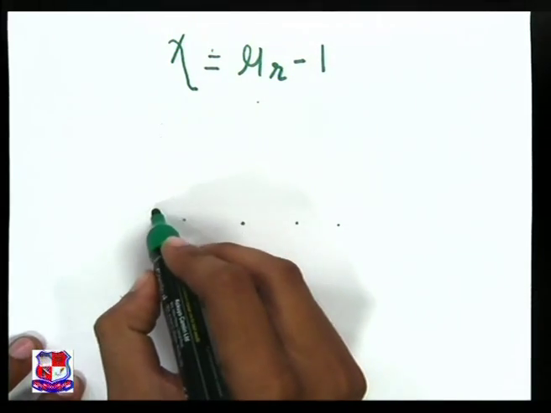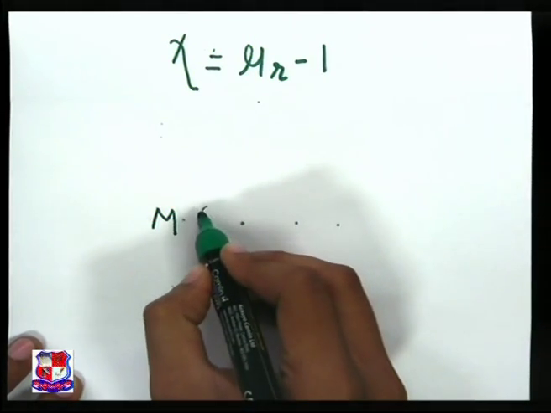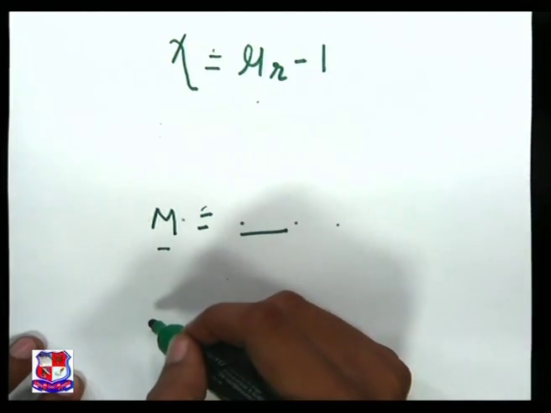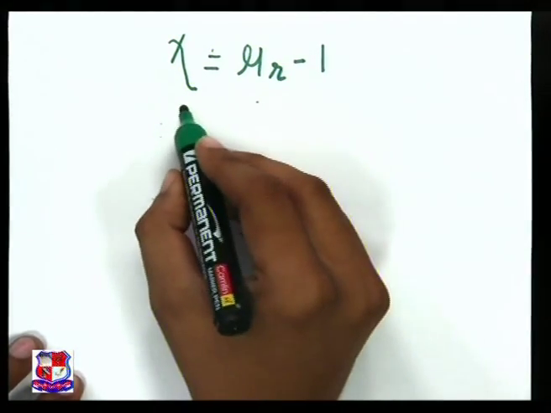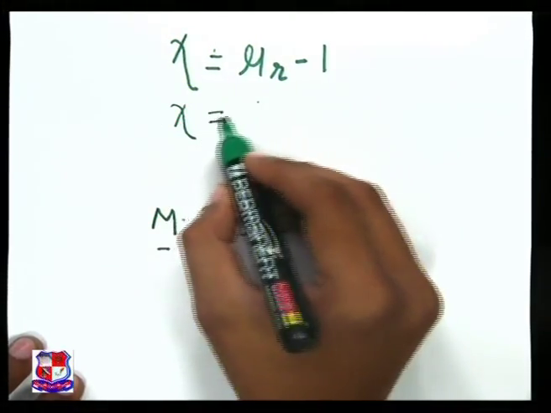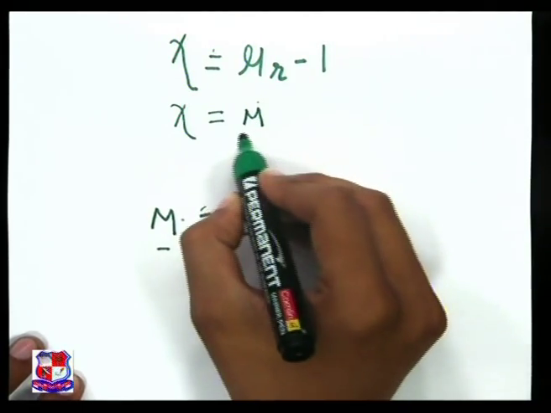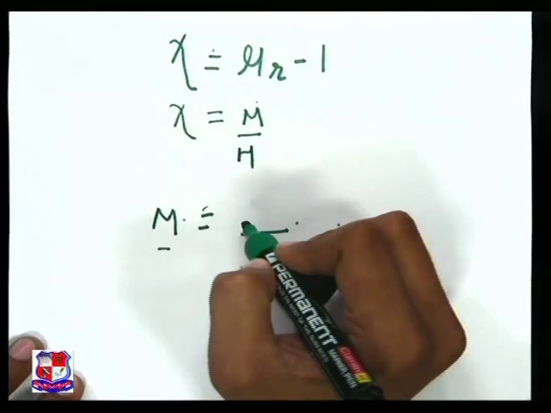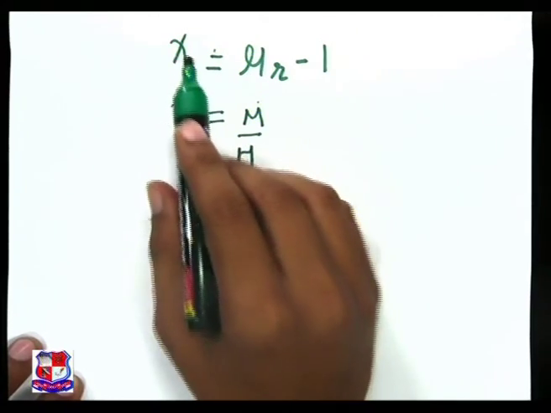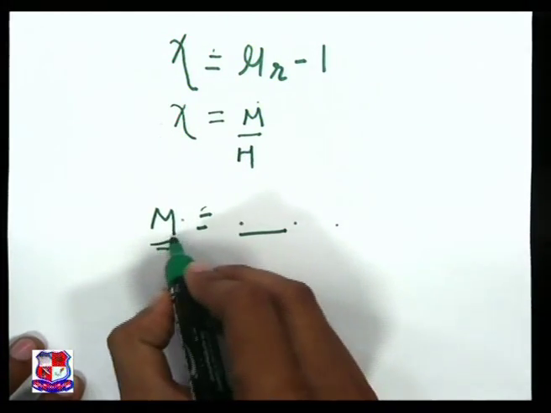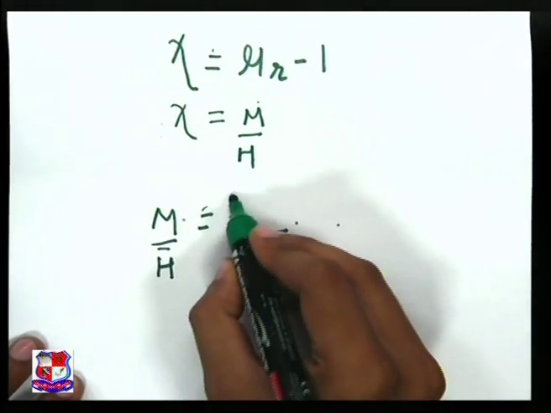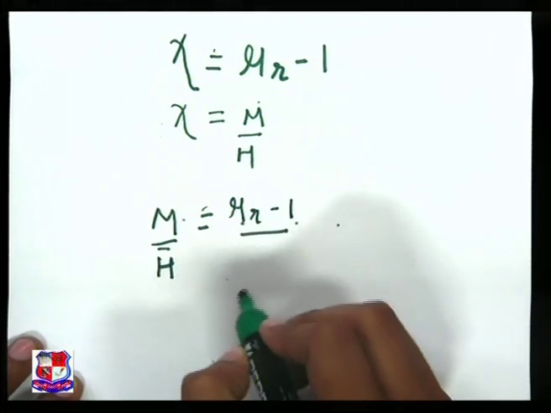We want to find out M, the magnetization. Dear friends, chi represents susceptibility, and the equation for susceptibility is chi is equal to M upon H. We substitute this equation instead of chi, so our equation becomes M upon H is equal to mu r minus 1.